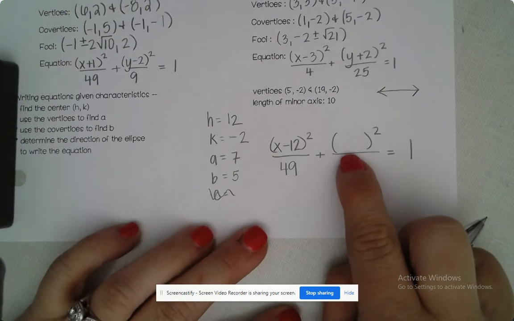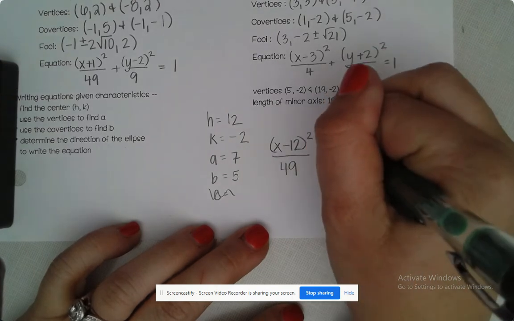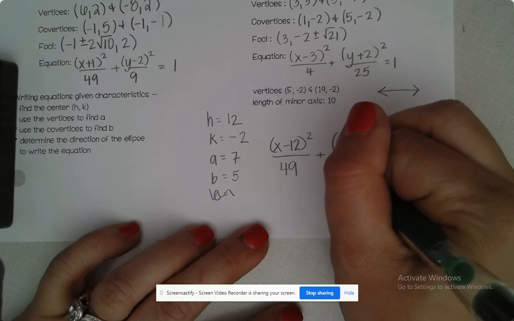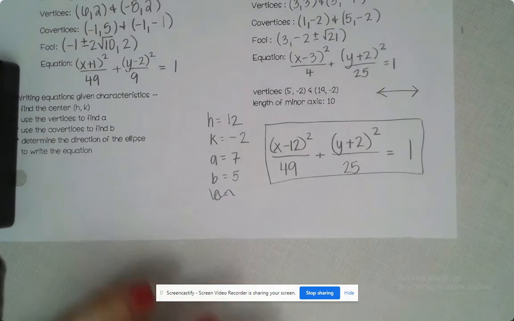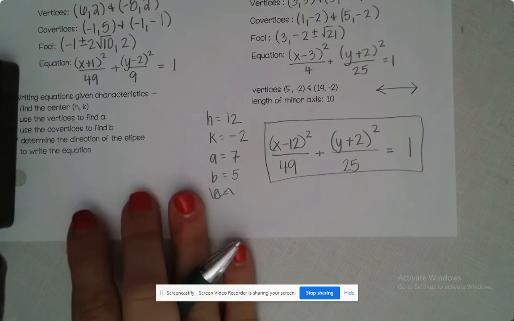And my next parenthesis, it's what? Y plus 2 the quantity squared over 25. There's your first one.